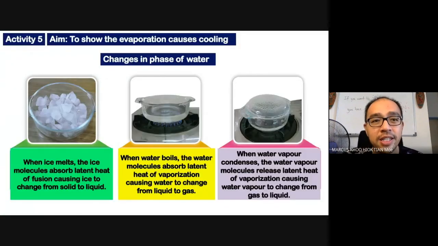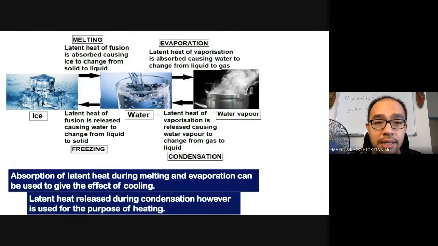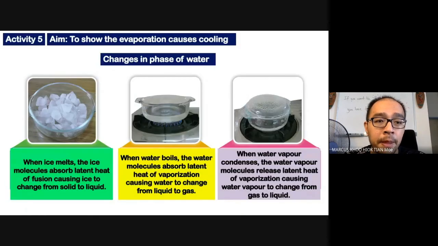Let's talk about change of phase in water. We're going to talk about evaporation. So when ice melts, I think you can copy this if you want, the ice molecules absorb the latent heat of fusion, causing ice to change from solid to liquid. When water boils, the water molecules absorb the latent heat of vaporization, causing water to change from liquid to gas.